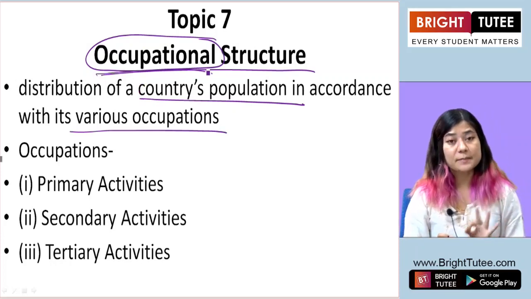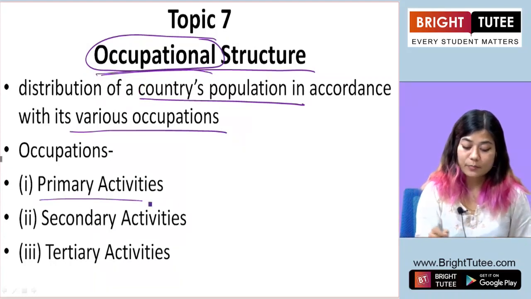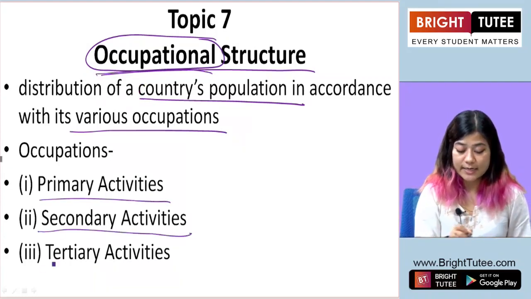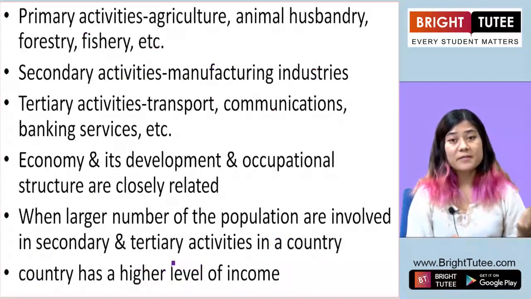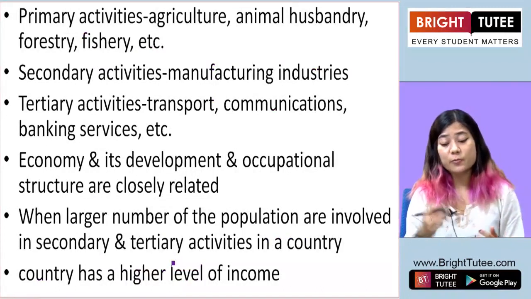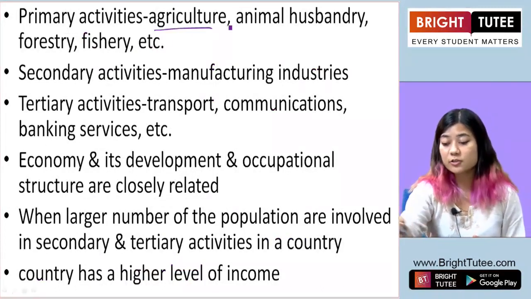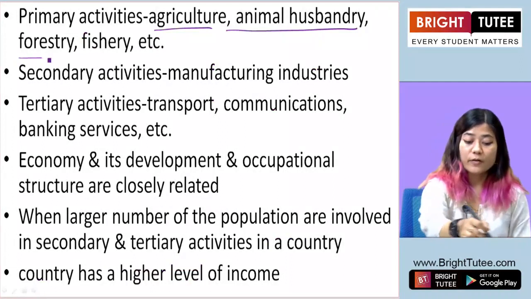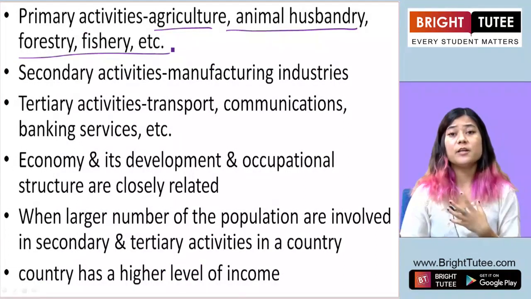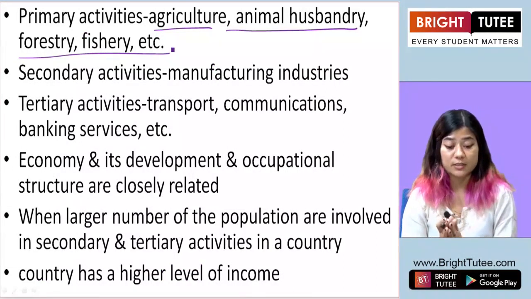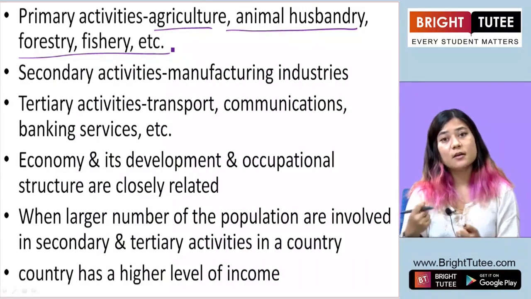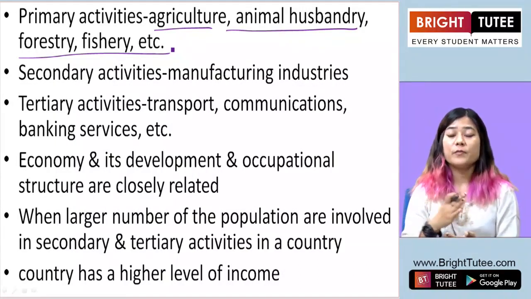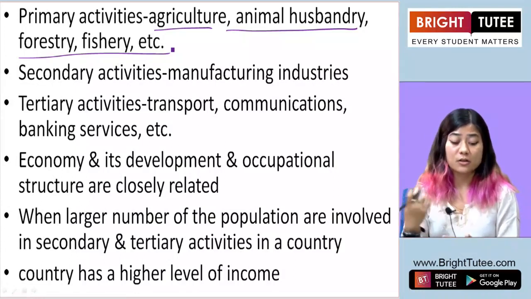Now there are three main kinds of occupation. One is primary activities, the other is secondary activities, the third one is tertiary activities. The primary activities are those where people are involved in agriculture, animal husbandry, forestry, fishery, etc., which are very close to natural resources, or which are made with the use of natural resources.